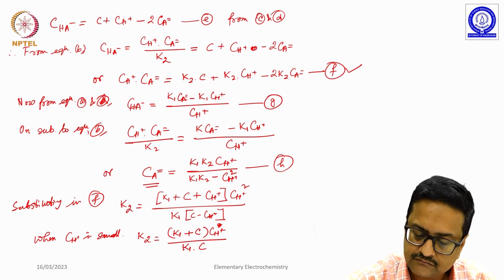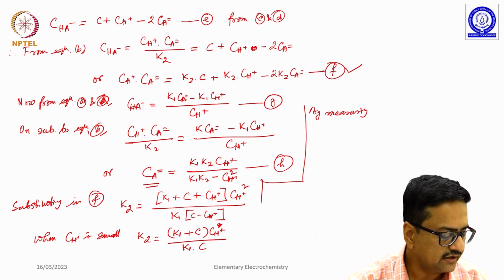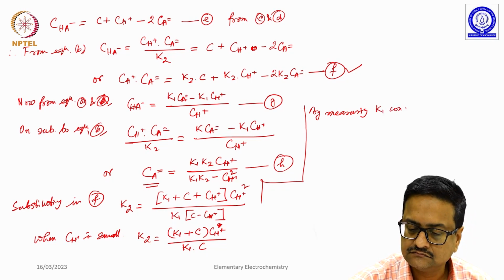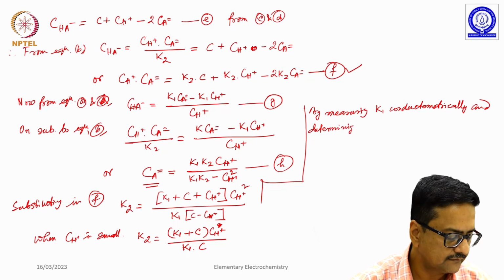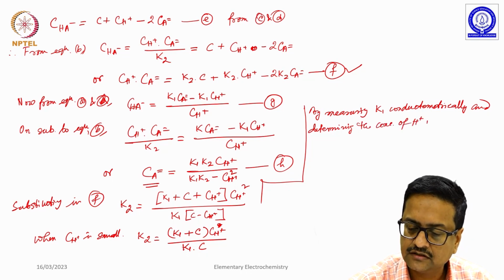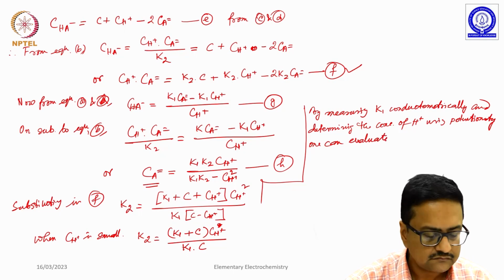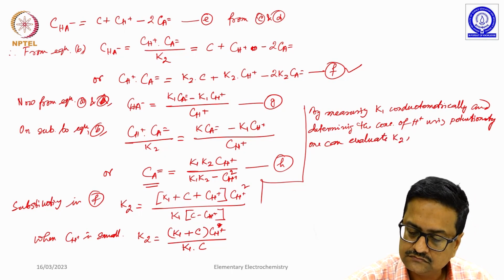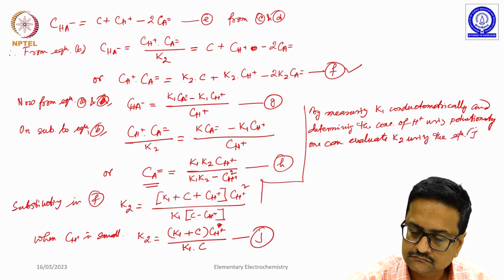So, now by measuring the value of K1 conductometrically and determining the concentration of H plus using potentiometry, one can evaluate K2 using this equation J. Right.